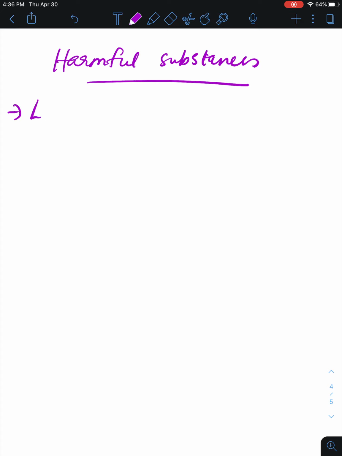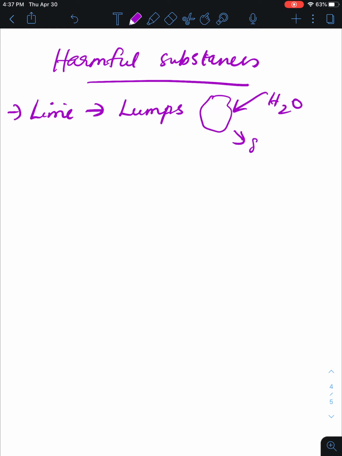If lime is in sufficient quantity, there is no problem. But if lime occurs in lumps, these lumps will absorb moisture, swell, and make the brick unsound.